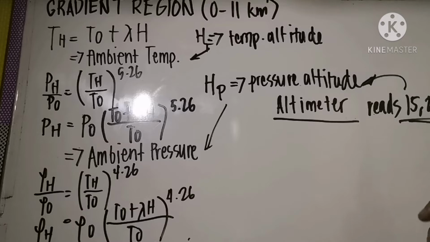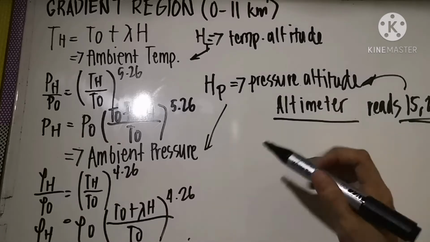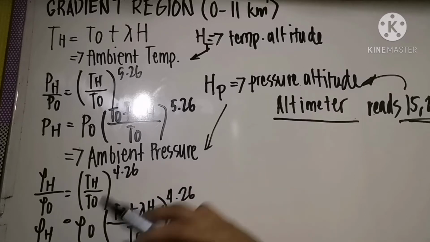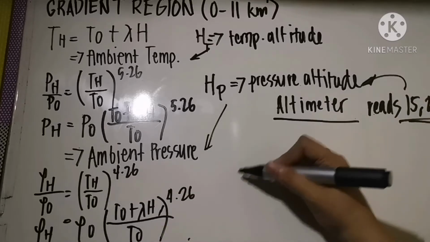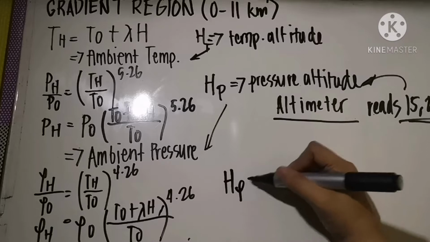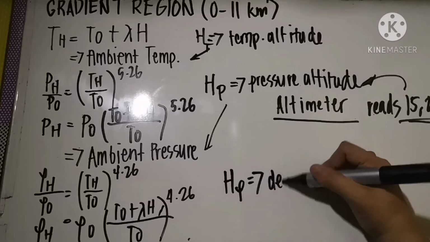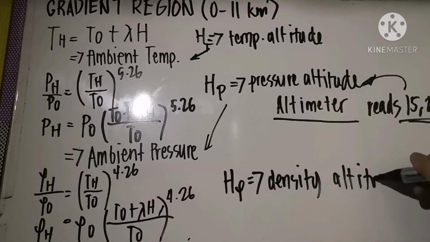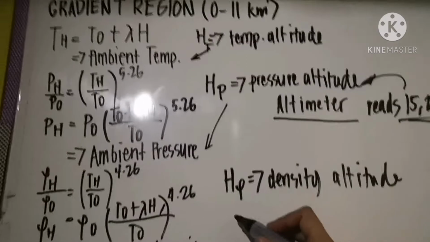Okay. Next, ay last tong height here sa formula ng density. This height is what we call density altitude, wherein density altitude also corresponds to ambient density.